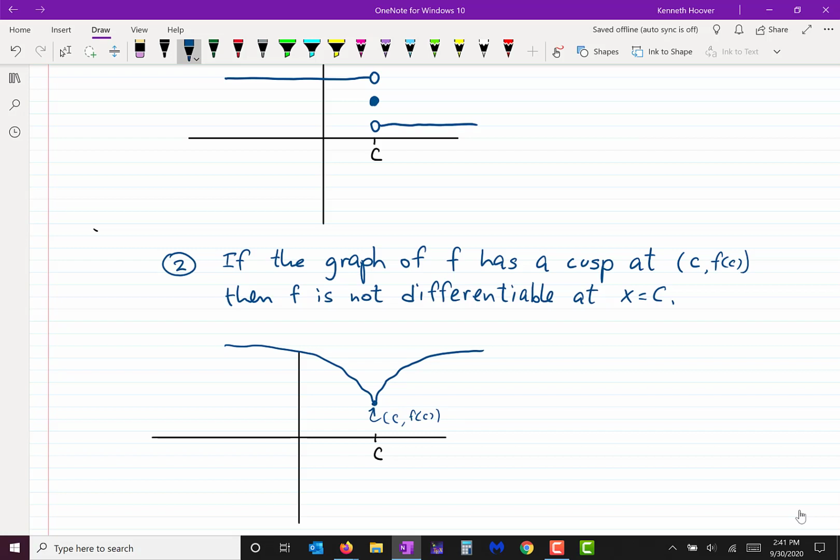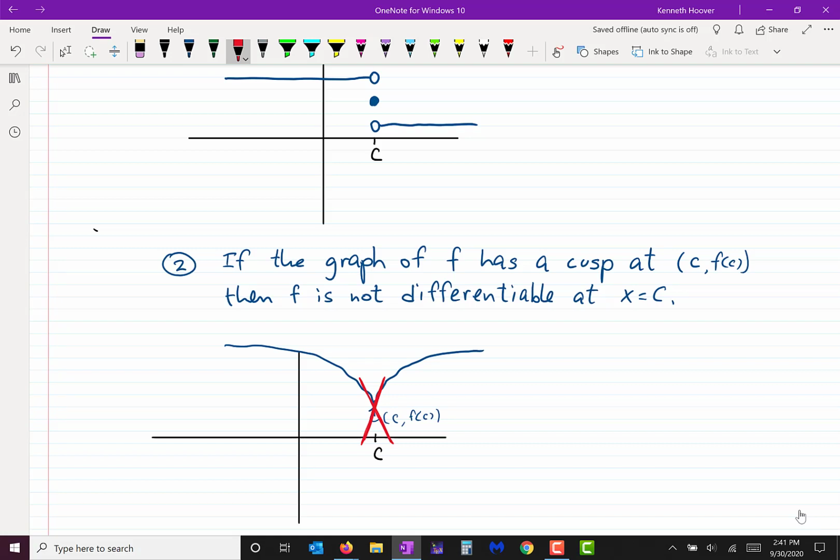Just remember, the derivative is supposed to be the slope of the tangent line, right? Well, here's the thing. If you tried to find that slope coming from the left, the tangent line would look like this. But coming from the right, the tangent line looks like that. There is no one single tangent line at that point.